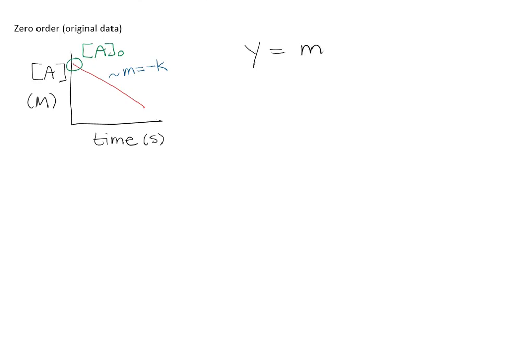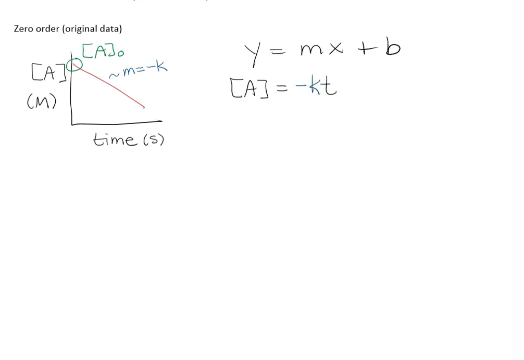So taking this plot, we're going to substitute the parameters of y, m, x, and b into the linear form of the equation. So y is simply what we have on our y-axis, which is [A]. m is negative k. Need to make sure we include that negative sign.